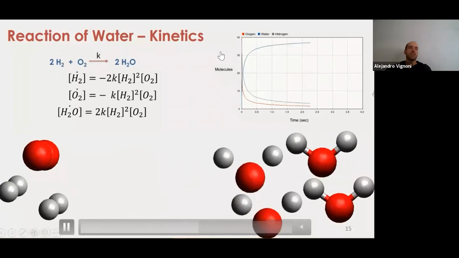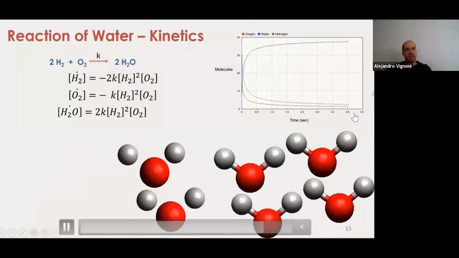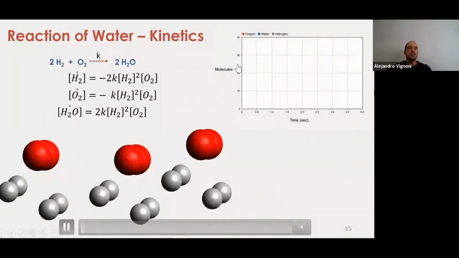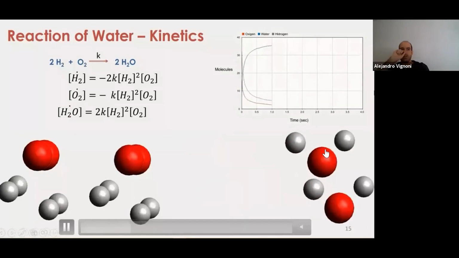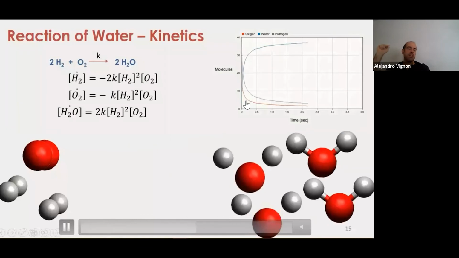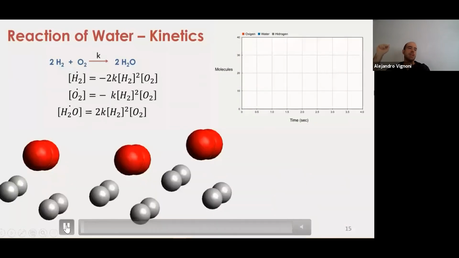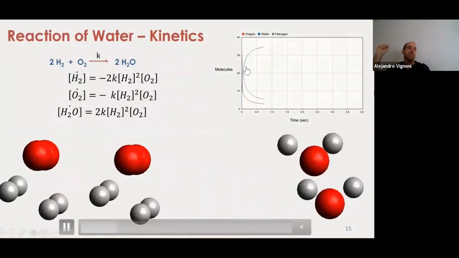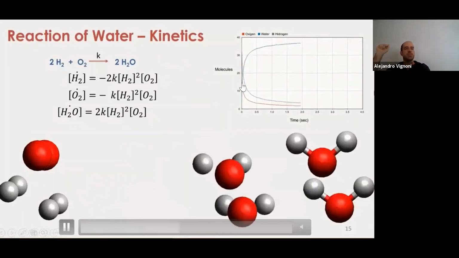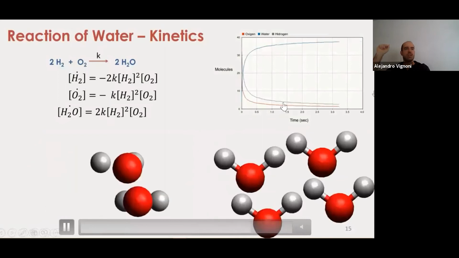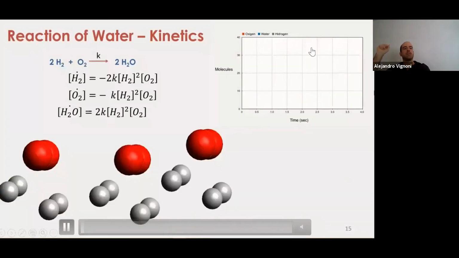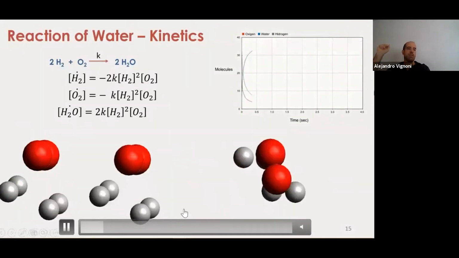But I will tell you what we try to see here. On top, there is the graph, which is changing in time, telling us the amount of molecules of oxygen in red, hydrogen in gray, and water in blue. As you can see, oxygen and hydrogen are going down as we are getting more and more molecules of water.